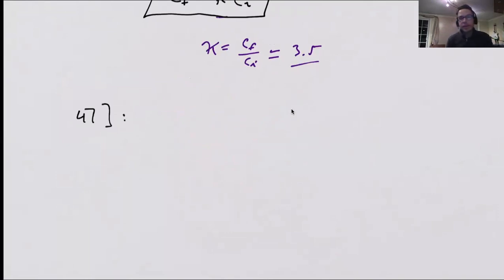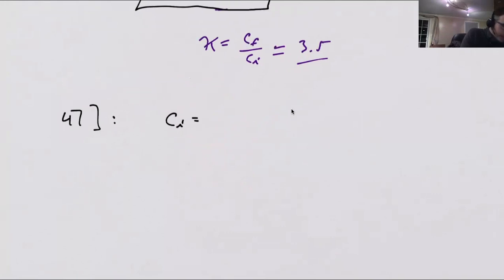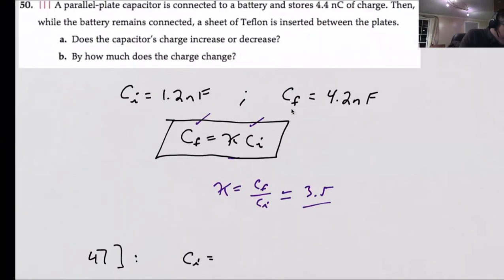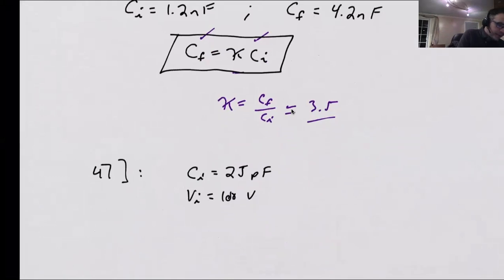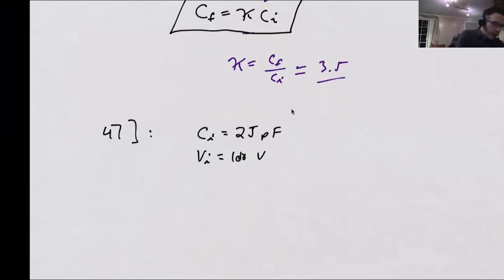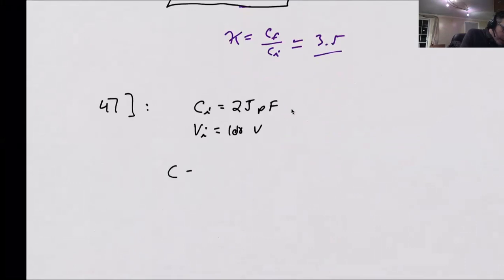okay, what do we have? We have C initial is the 25 picofarads, and we have V initial is equal to 100 volts. Okay, we know from the definition of capacitance, which is a ratio of charge to voltage, right? If we put a check mark next to what we know and underline what we don't, this is enough information for us to solve.